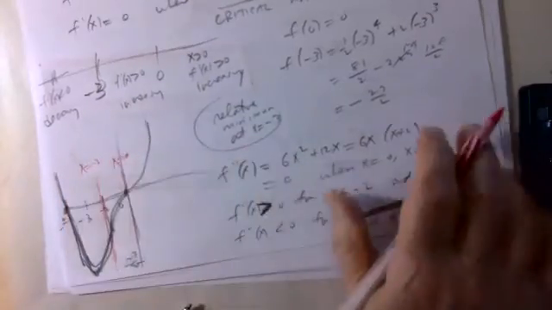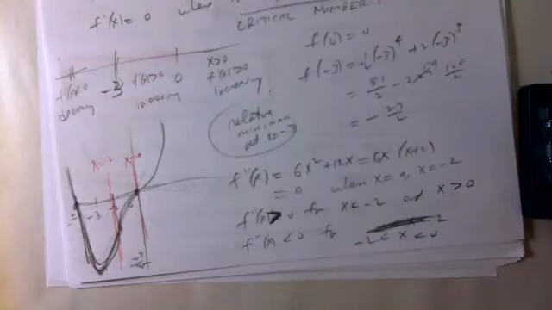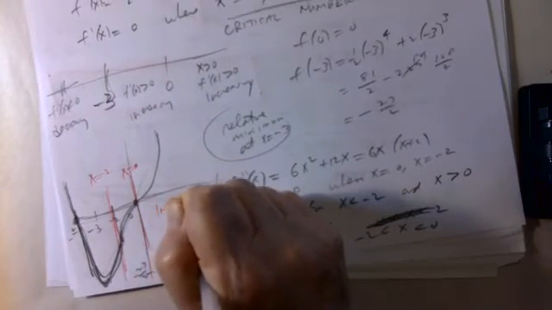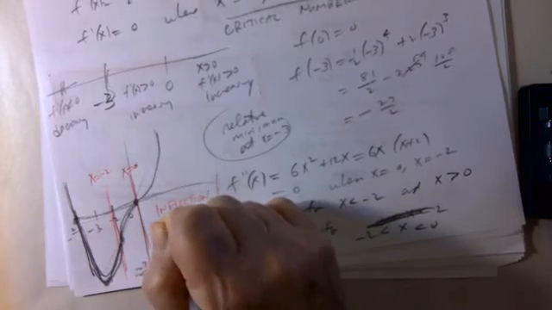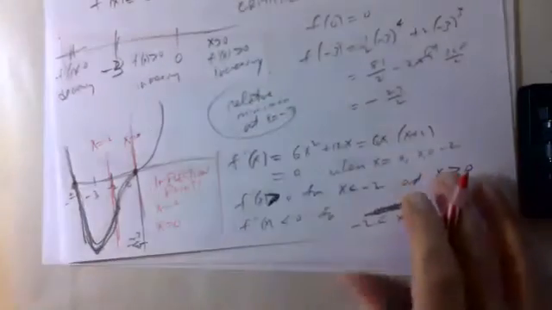So we have the line x equals -2, the line x equals 0. The inflection points are when x is -2 and when x is 0.